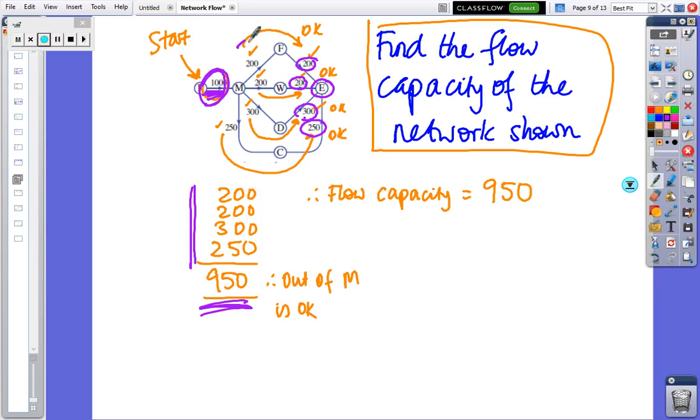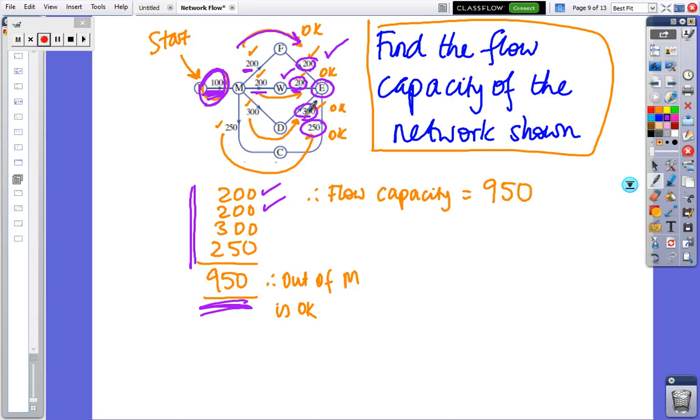So if you're looking across the top, F is delivering to E 200, and it's getting 200 coming in and 200 coming out, so I'm saying that that's okay. Coming out of W, we've got 200, and we've got 200 coming in, so that 200 is also okay.